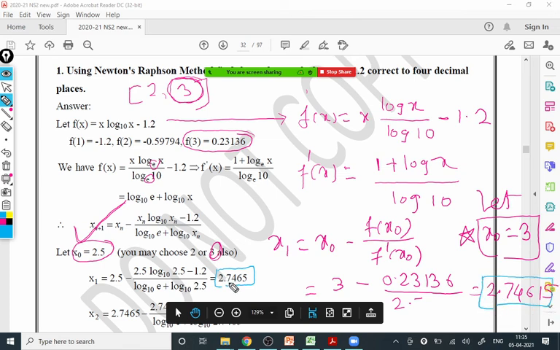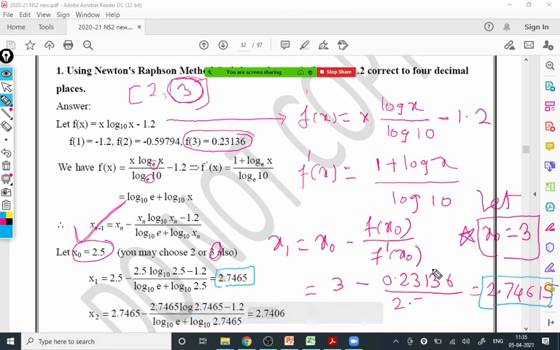You'll observe the first two or three decimals are already the same, so it doesn't harm much to have a different x0. Is it clear? You can take 3, you can take 2.5, both are the same, but generally prefer the upper value of the interval. So x0 should be b if the interval is ab.